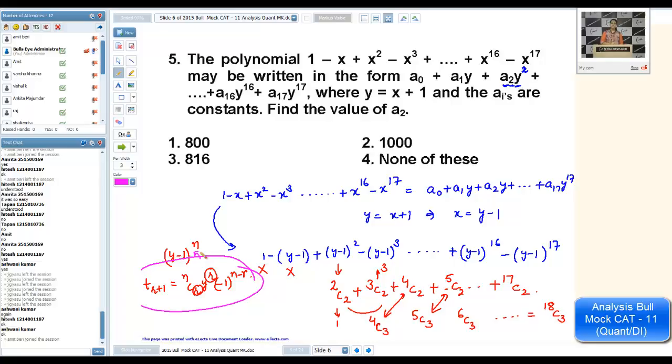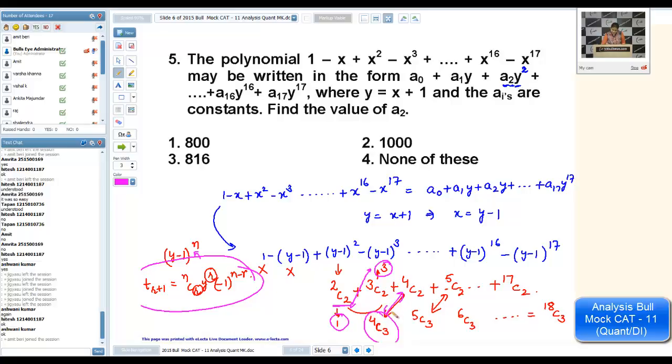Since we need the y square coefficient, y's power should be 2, so r should be 2 in every expansion. 2c2 is 1, 3c2 is 3, adding up gives 4, which can be written as 4c3.